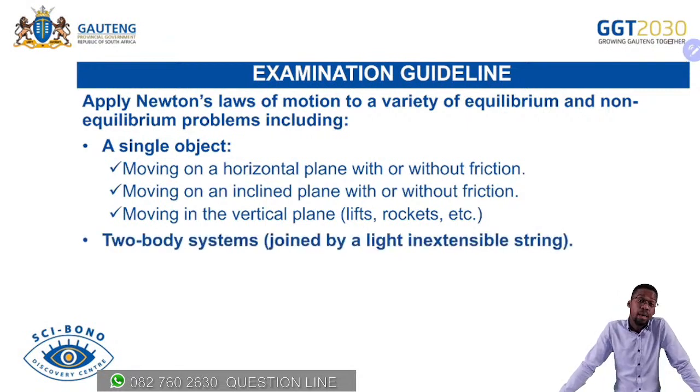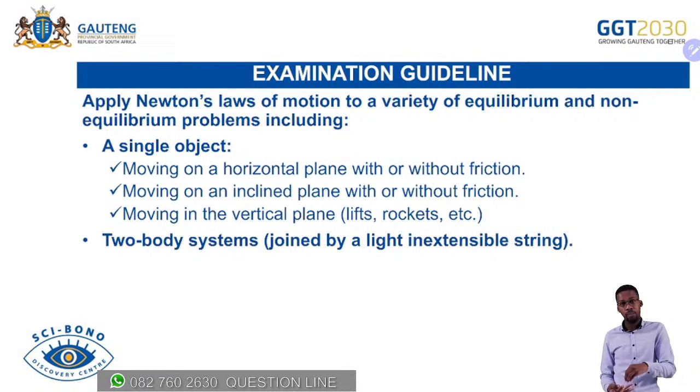Or the examiner can choose to use body systems which are joined together by a light inextensible string. And you need to bear in mind that once we talk about a string or a rope, something must come to your mind: we are going to have the presence of tension.